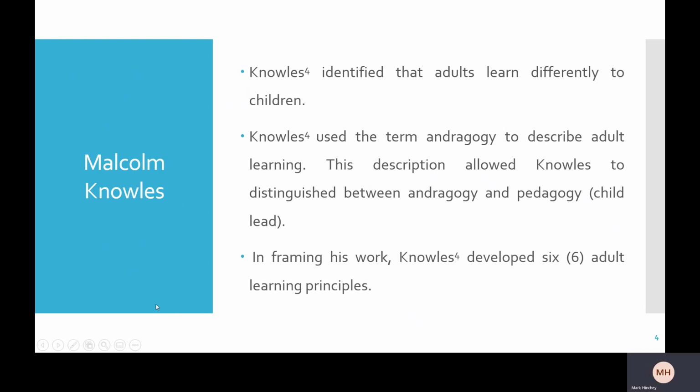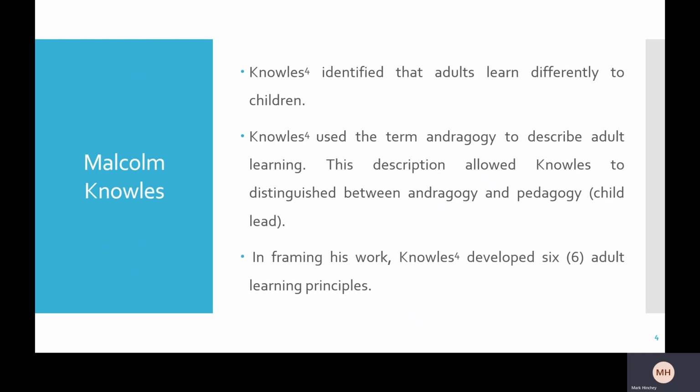Now, on slide 3, I'm referring to Malcolm Knowles. What Knowles did in 1980 when he published his work where he looked at a move to andragogy from pedagogy is to say that adults actually learn differently to children. And because of that, there may be some assumptions we can make.